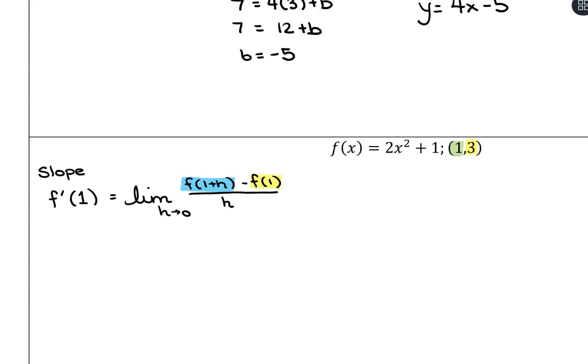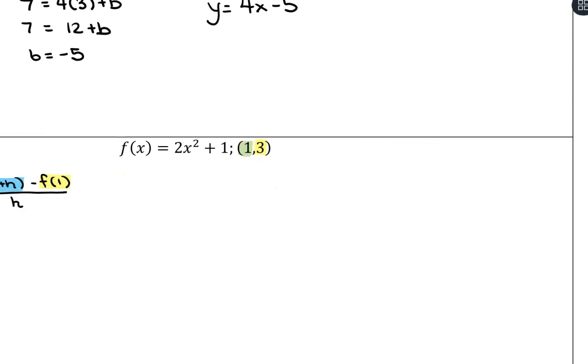So we already know a 3 is going to go in there for f of 1, but f of 1 plus h we could do as side work over here. So let's say I wanted to simplify f of 1 plus h. That's going to be 2 times (1 plus h) squared plus 1. Expanding the (1 plus h) squared with FOILing, that's going to be 1 plus 2h plus h squared.